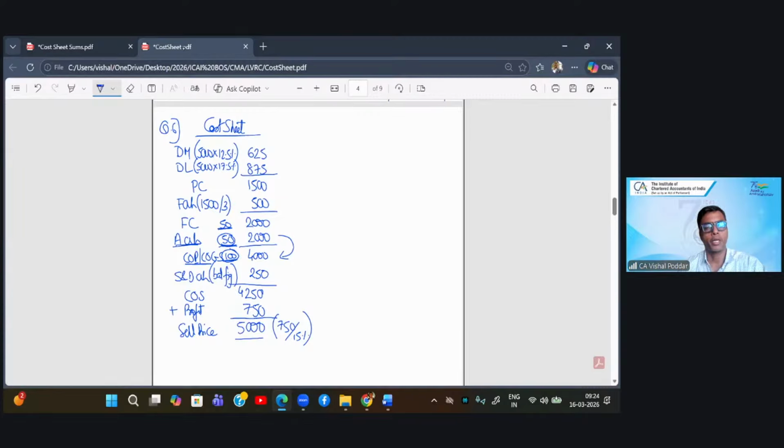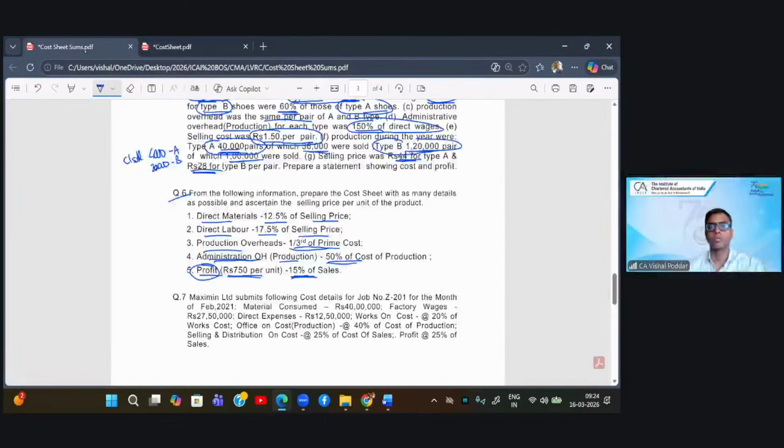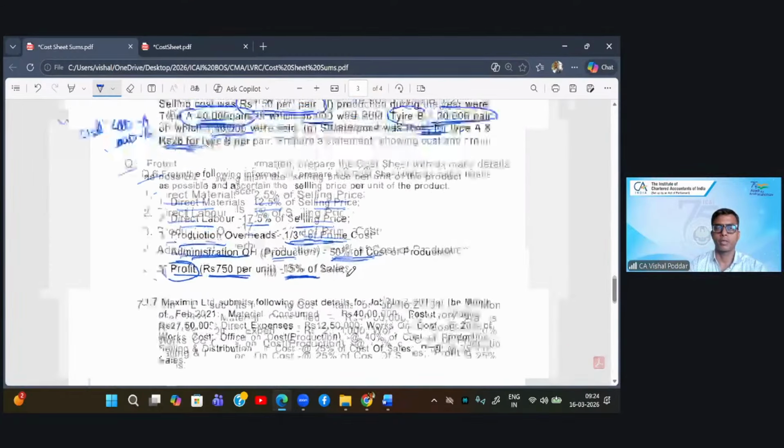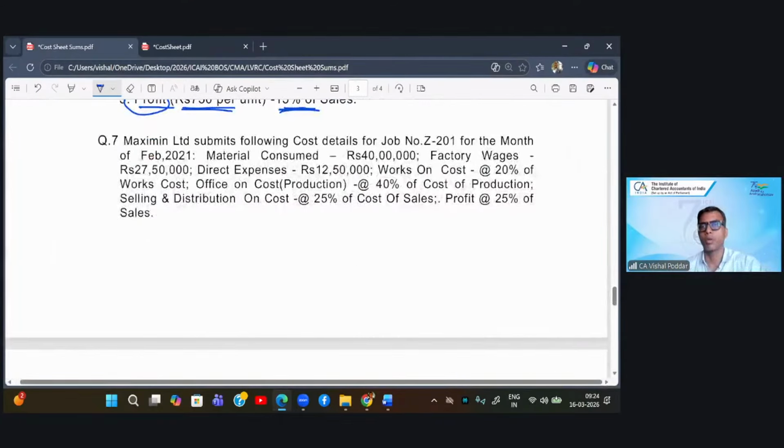Should we proceed to the next question? The next question is similarly mathematics driven. Again, what is given over here? Maxim Limited submitted the following cost sheet for a job for the month of Feb. Material consumed, factory wages, direct expenses. So the first three expenses are given ready-made.